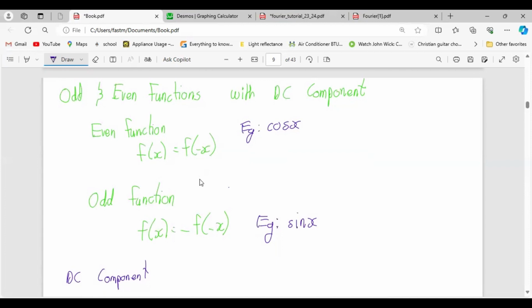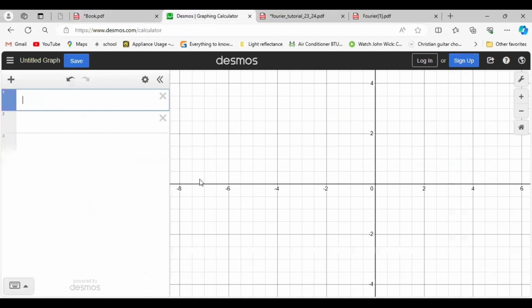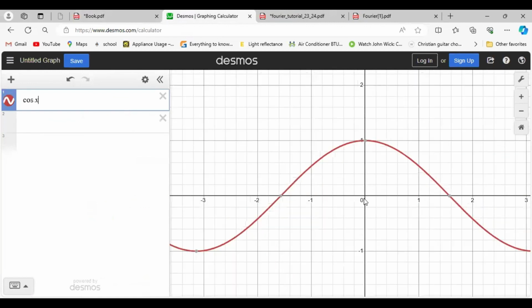So firstly, an even function is any function that obeys this law here. The law states that f of x is equal to f of minus x, right? An example of this is our cos x function. So if we go across to Desmos and we do cos x, we notice that, zooming in, f of x, so let's say f of 1, which is this point here, is this value here.